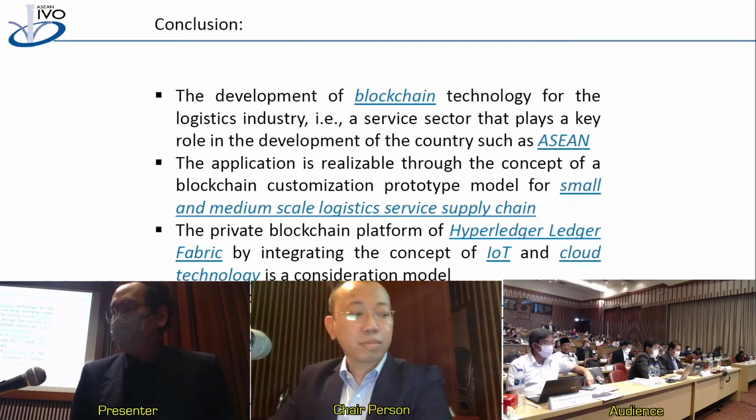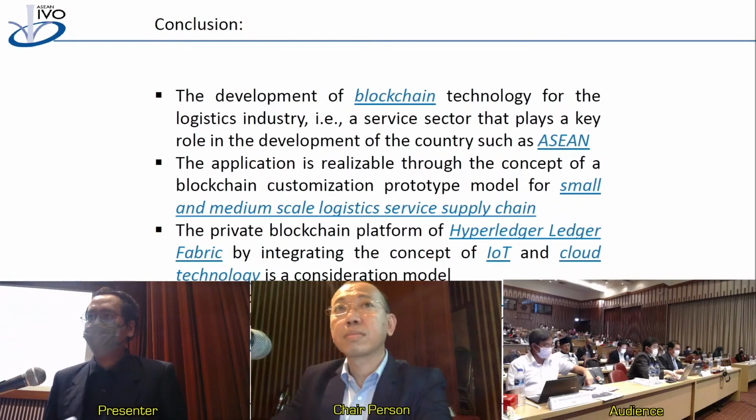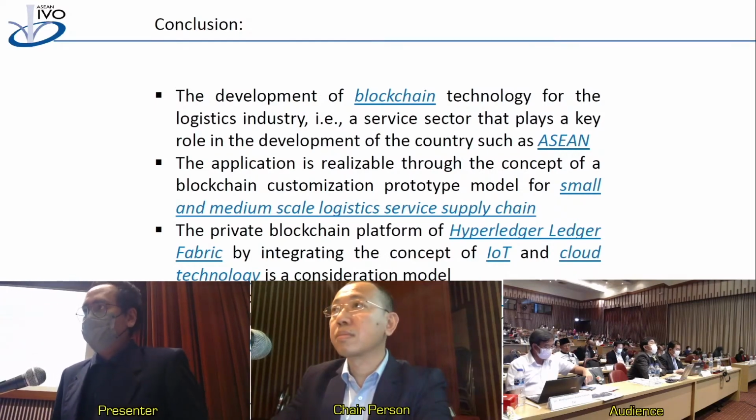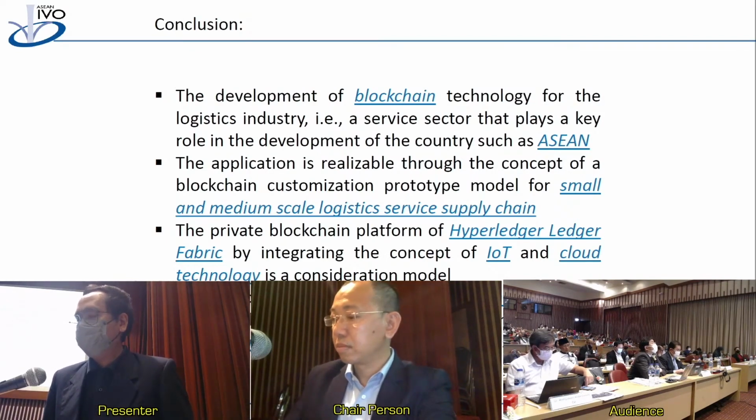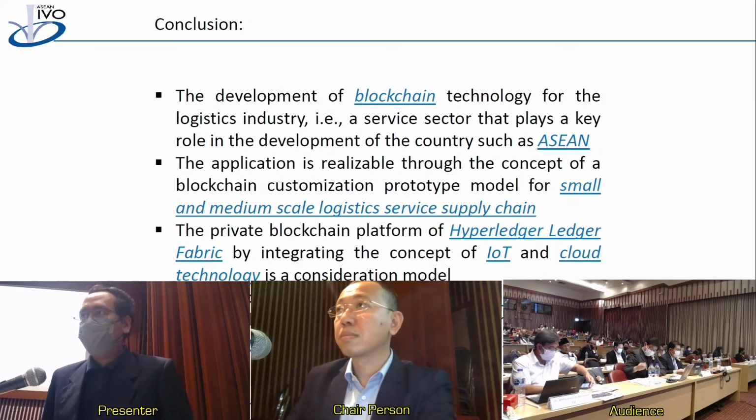From our project, this is the prototype model that we try to launch to small and medium businesses. In detail of the development, we first ask the company about their requirements and the regulation under which they do business right now.